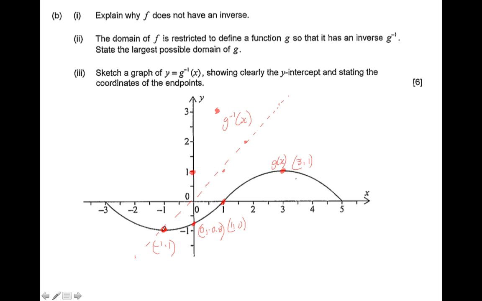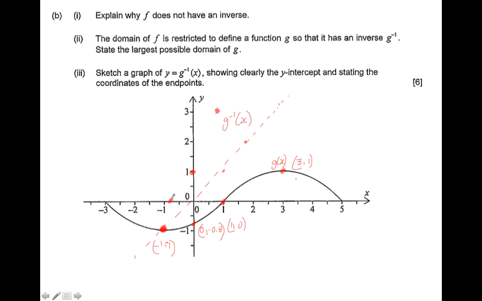And the point here is actually on the mirror line, on the reflection line, so it stays on the reflection line, yeah? -1, -1 stays where it is. 1, 0 becomes 0, 1, and this one here, 0, -0.8 becomes -0.8, 0.